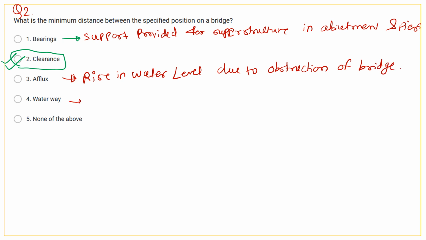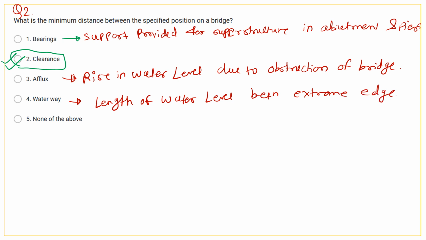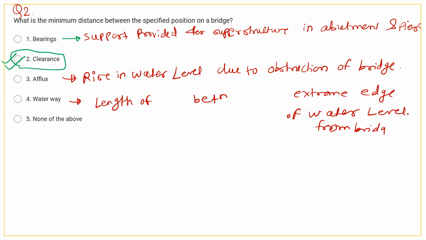Then the last one is waterway. So waterway is nothing but the length between the extreme edges of the water level from the bridge.